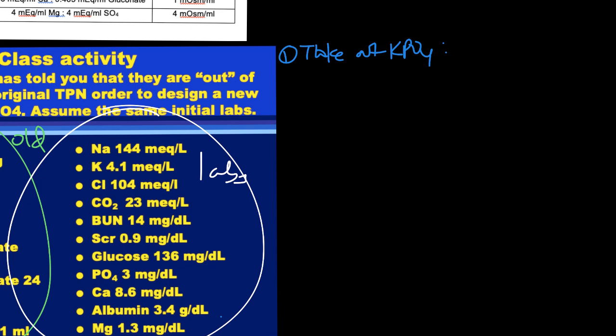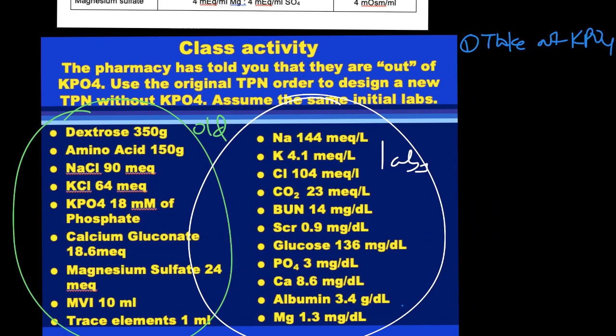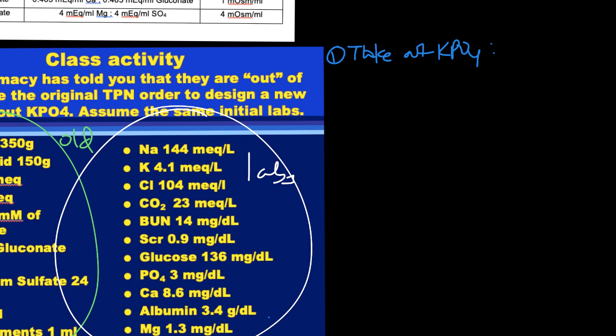Okay, so you know we have a total K-phos of 18 millimoles of phosphate. So that's equivalent to how many milliliters?